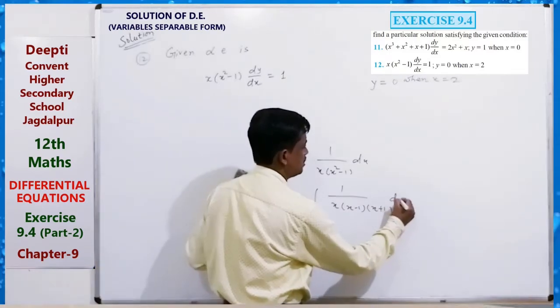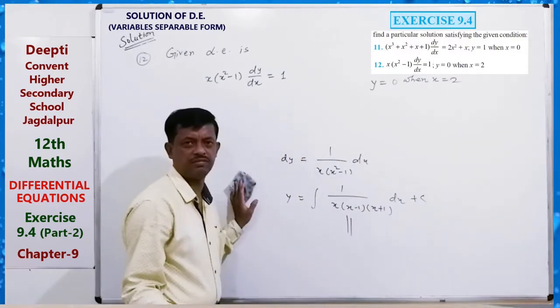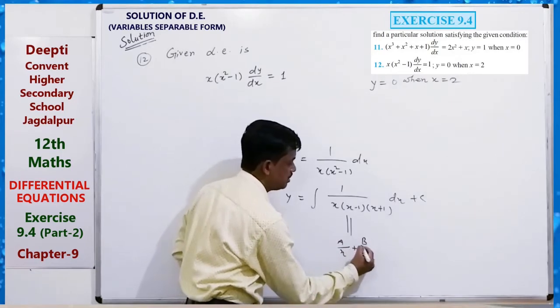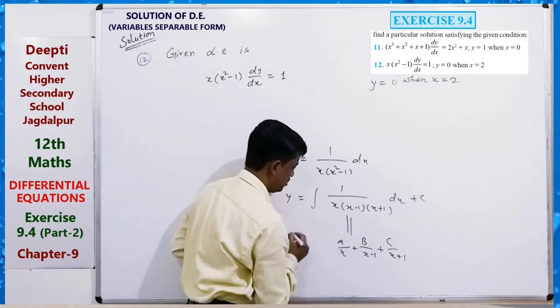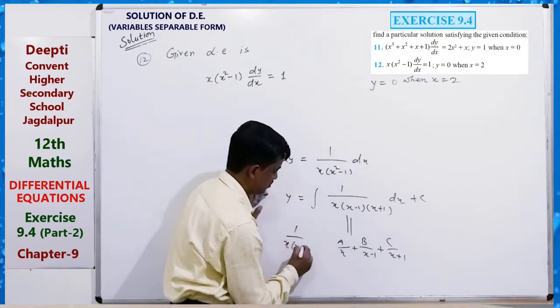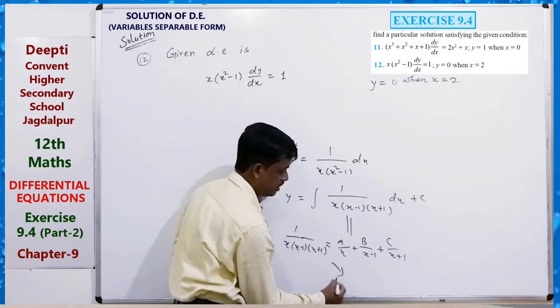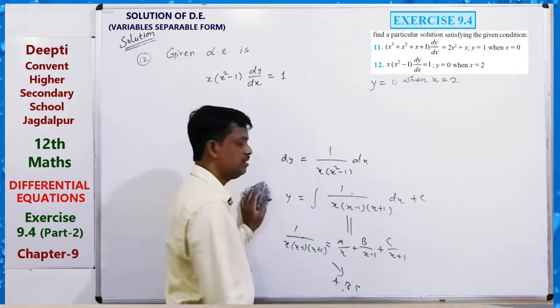Now it can be partially fractioned. Very simple. 1 upon (x minus 1)(x plus 1) equals B by x minus 1 plus C by x plus 1. Now you can get the values of the constants, put them here and finally integrate.